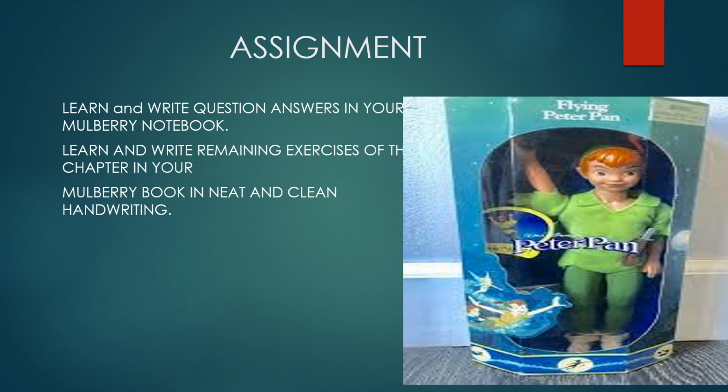Next, learn and write the remaining exercises of the chapter in neat and clean handwriting. Children, if sufficient space is given in the book, you do the exercises in the book itself. If there is no space, you can do it in your Mulberry notebook. Okay?